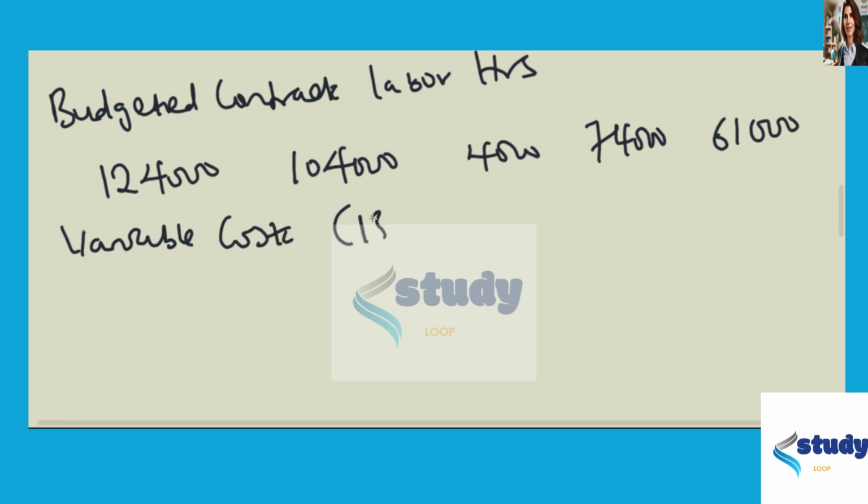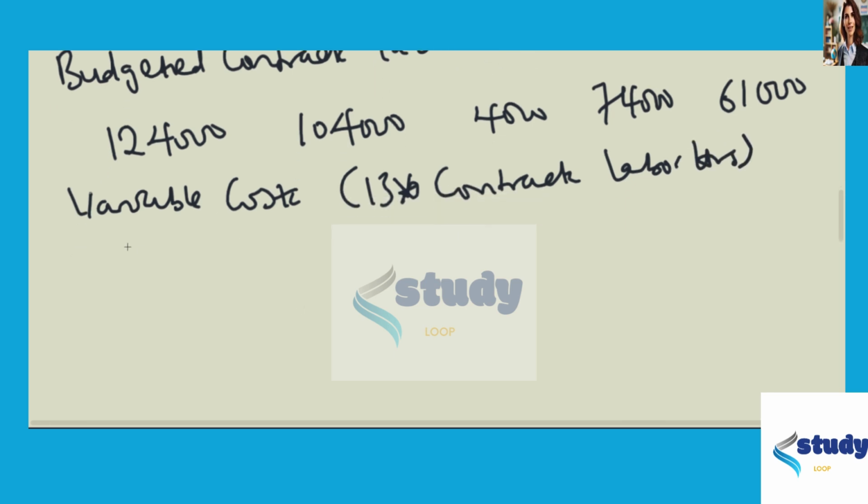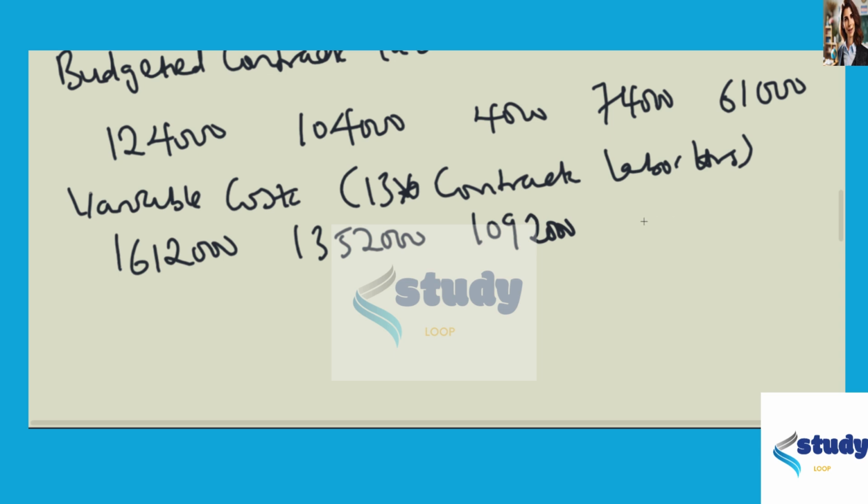Now the variable cost, which is 13 multiplied by the contract labor hours, and the values are 1,612,000, then 1,352,000, then 1,092,000, and 962,000, and 793,000.